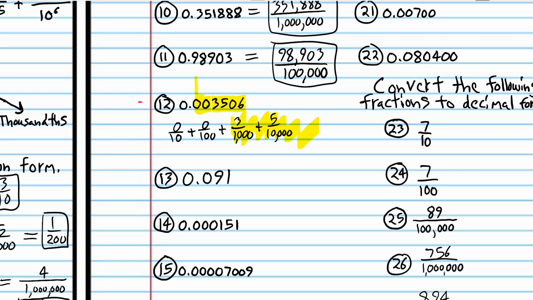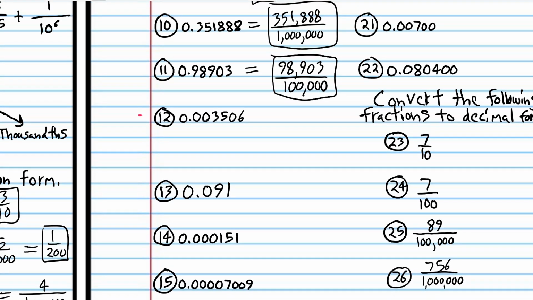It'd be a much bigger fraction. But because those zeros are just 0, we only have 3,506. So again, do most people think about that when they're doing this math? Not really. But just be aware, those are called leading zeros. So this is going to be 3,506 over 1 million.